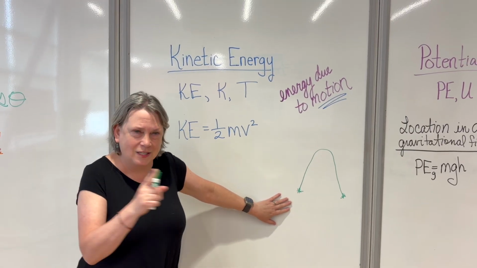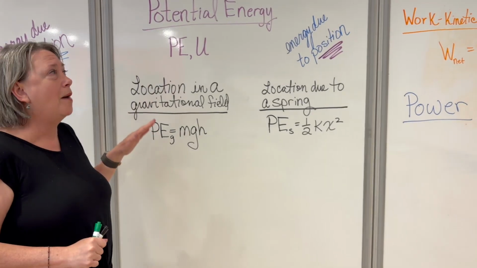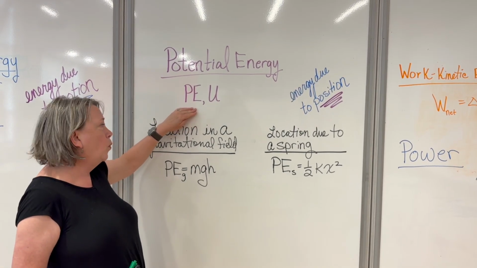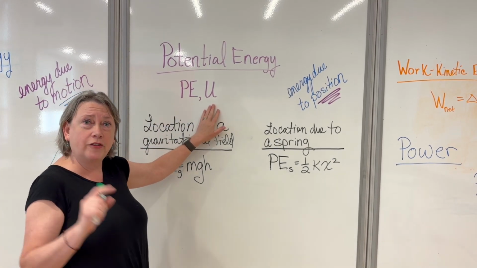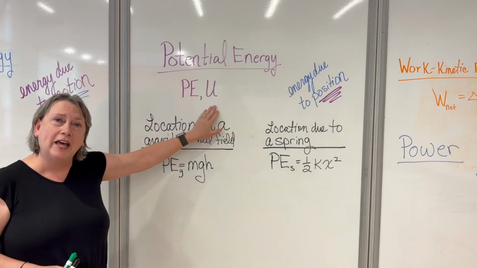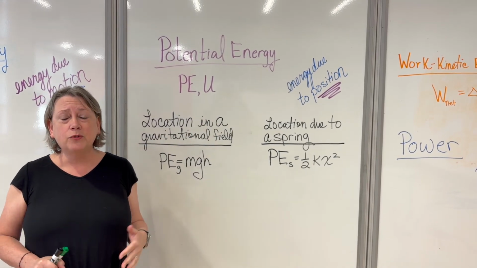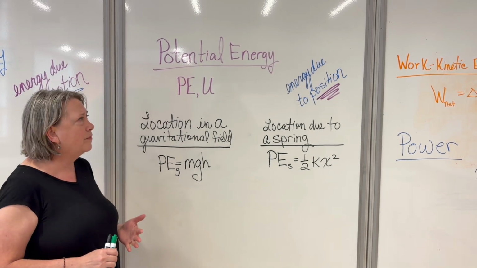I'm going to come back to this picture in a moment. First, I'm going to introduce potential energy. Again, notation: we're going to use PE, but if you're using other resources, you might see capital letter U used for potential energy. And if you like those resources, go ahead and use them. Just know it's different notation.